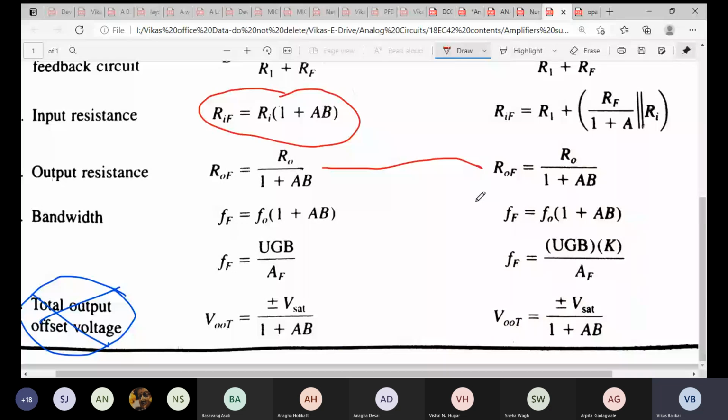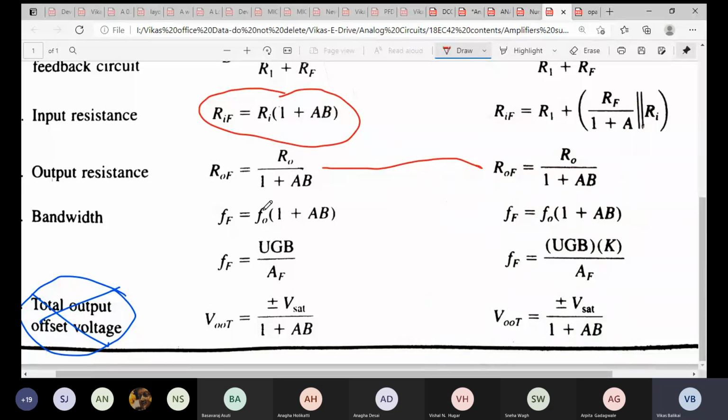See, in the non-inverting amplifier we are giving the input to the non-inverting terminal. In the inverting configuration we are giving the input to the inverting terminal. But to find the output resistance, what is the first step I do? I will short the input voltage, or remove the input source and connect it to ground.